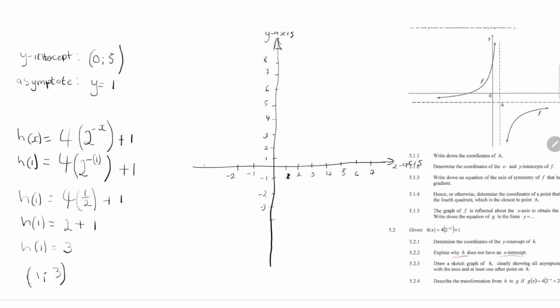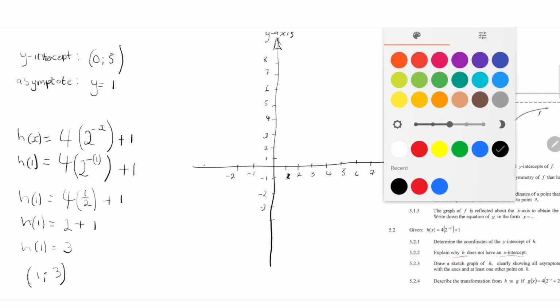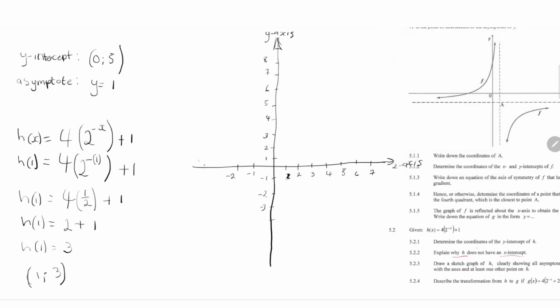All right, so the first thing that we will do is to draw our asymptote. We'll do that in red. We have an asymptote at y is equal to 1. So that is our asymptote, and we label it y equal to a positive 1.